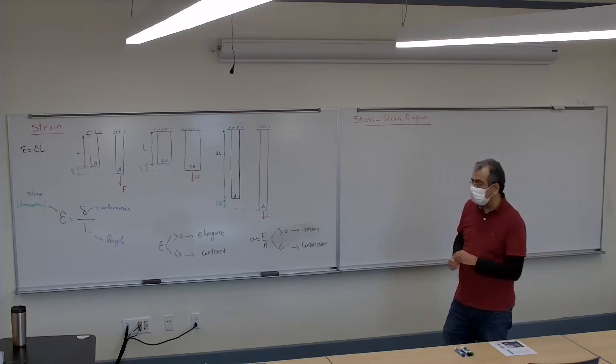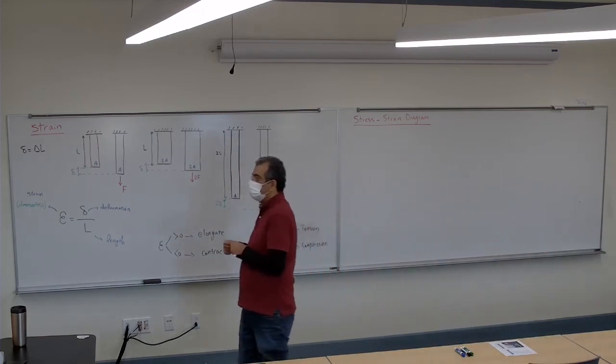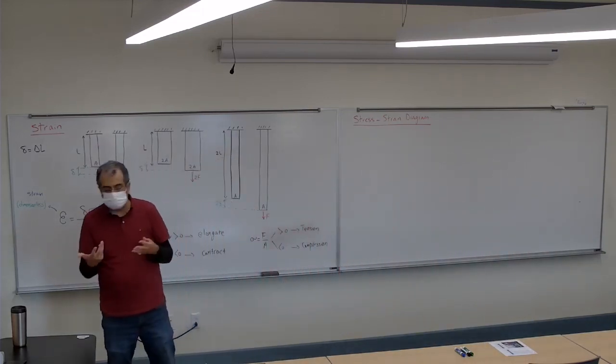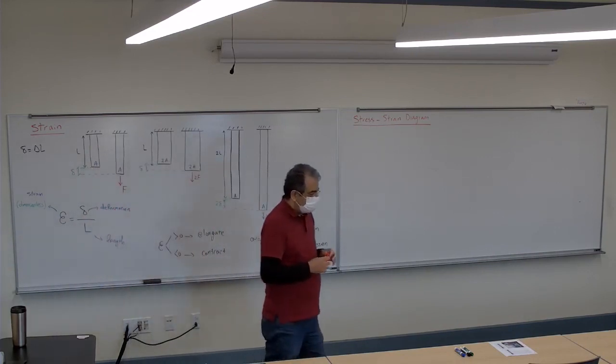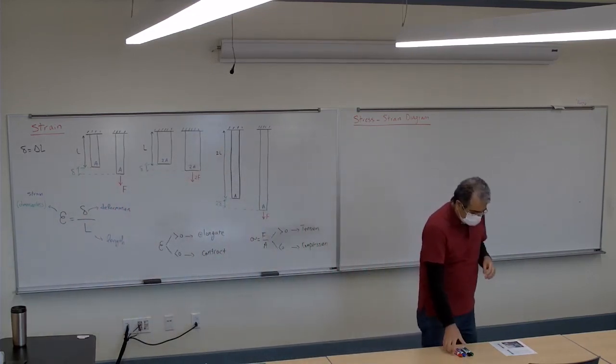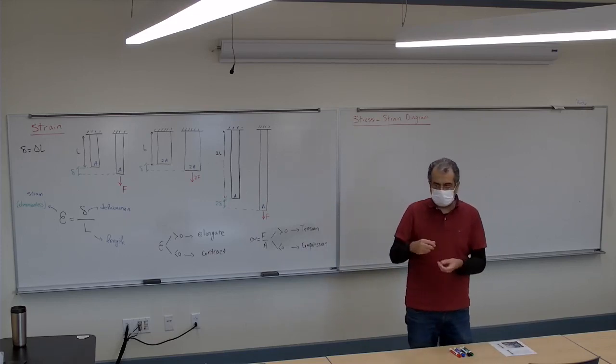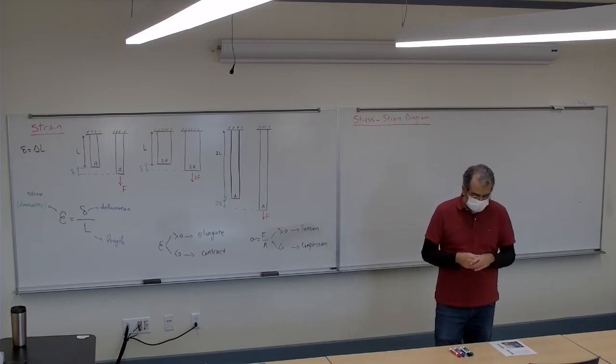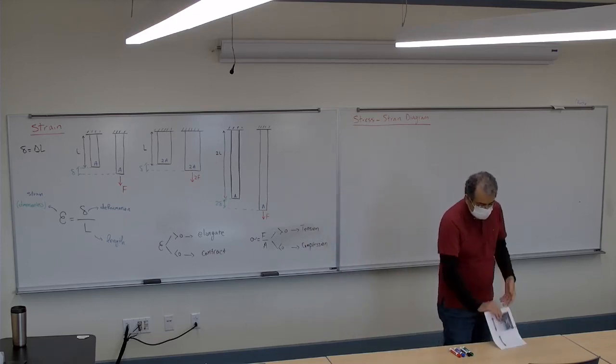So for any type of material that we have, if we want to find out what's the relationship between stress and strain, we get a sample and take it to the lab.